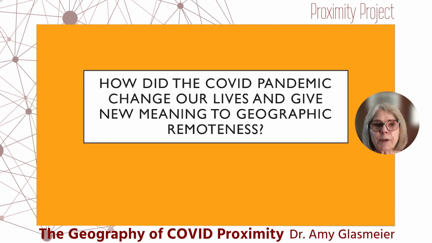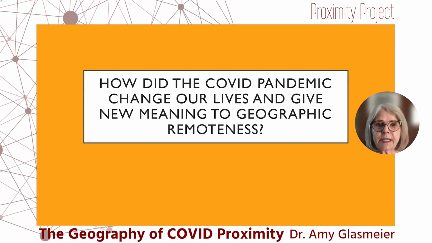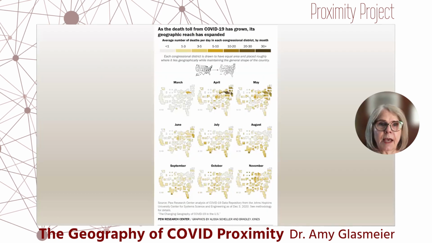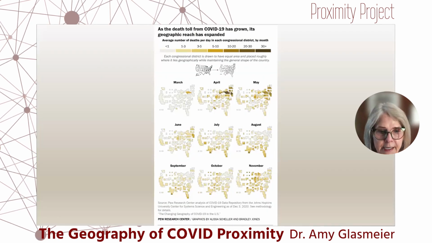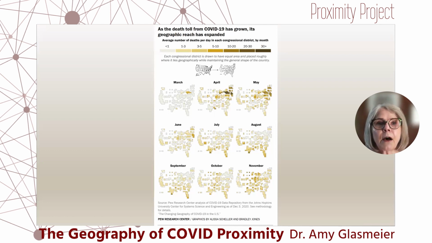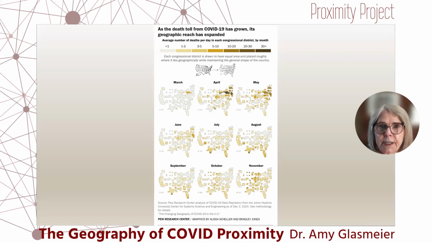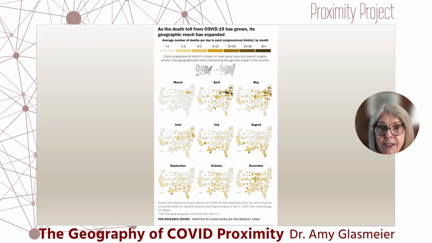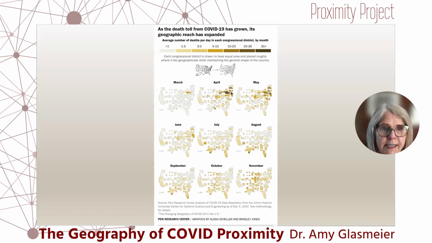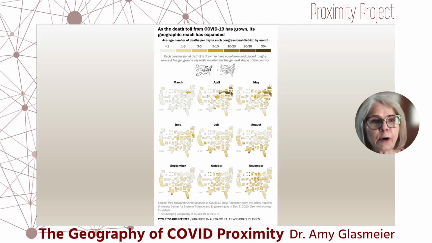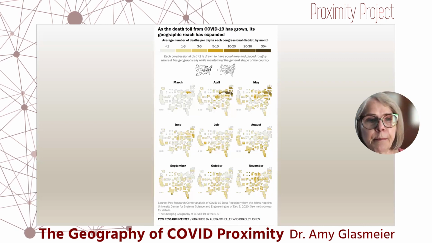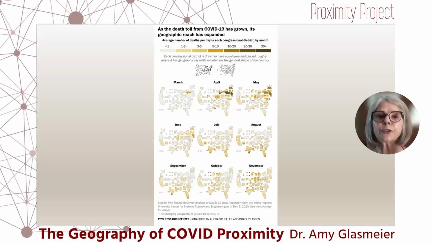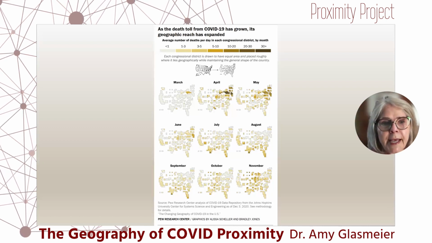So how did the COVID pandemic change our lives and give new meaning to geographic remoteness? Here is a cartogram of the death toll for COVID over the course of less than a year. And what we can see is it's a little bit difficult because you can't really tell that in March, up in the very far northwestern corner of the cartogram is Seattle.